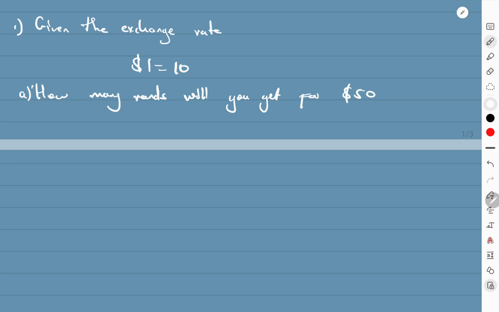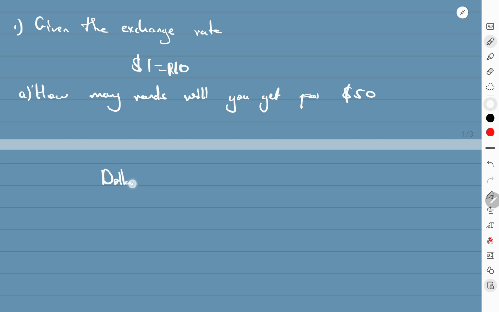Now it means if $1 is the same as 10 rands, then $2 is the same as 20 rands, $3 is the same as 30 rands. But if you have $50, how many rands do you have? It means I'm going to establish the relationship between rands and dollars.